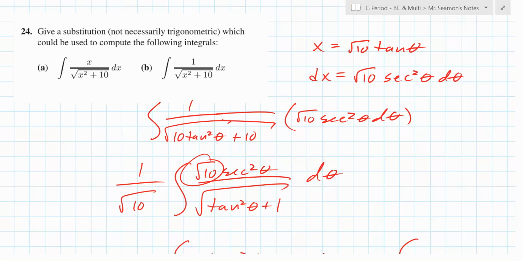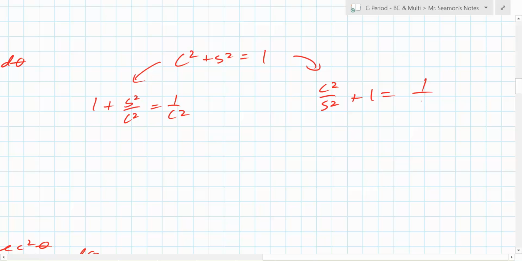That's why the Pythagorean trig identities matter. You know that cosine squared plus sine squared is equal to 1? You divide by cosine squared and you get 1 plus tan squared over cosine squared equals 1 over cosine squared. Divide by sine squared and what do you get? Cosine squared over sine squared plus 1 is equal to 1 over sine squared.